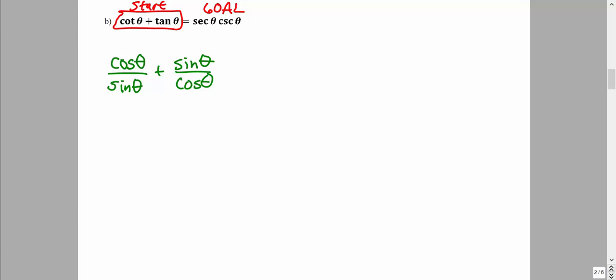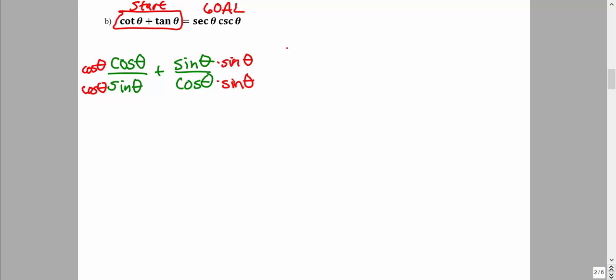The next strategy, one of the other strategies we discussed earlier, was we have two fractions, we want to give them the same denominator and combine them into one fraction. So in order to do that, I would have to multiply the denominators by each other. I'm going to multiply the right fraction on top and the bottom by sine theta, and the left fraction I'm going to multiply top and bottom by cosine theta.